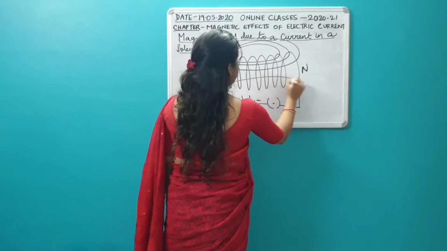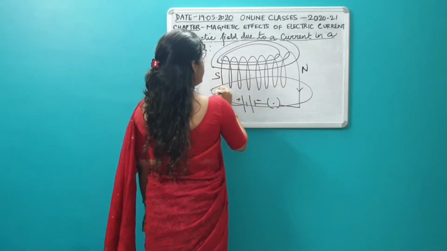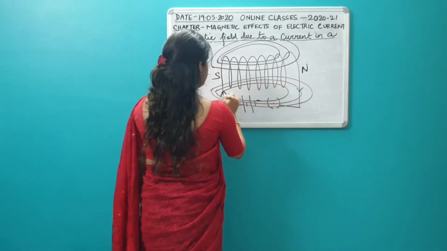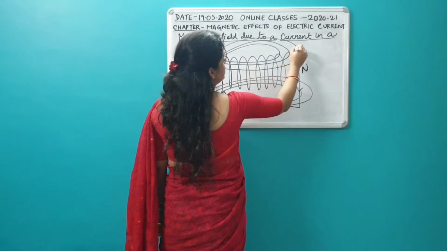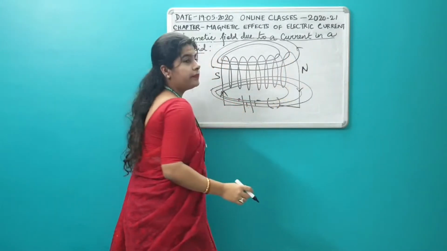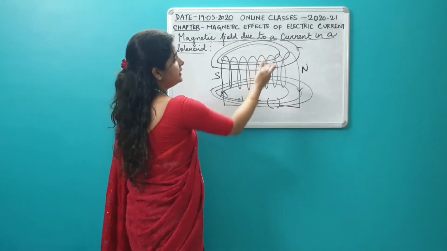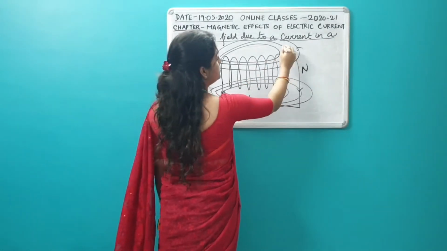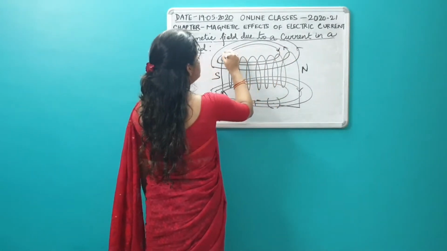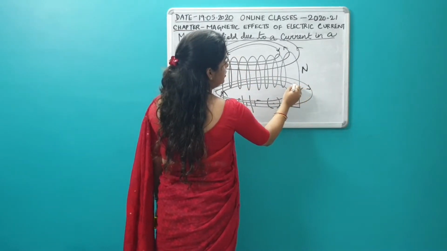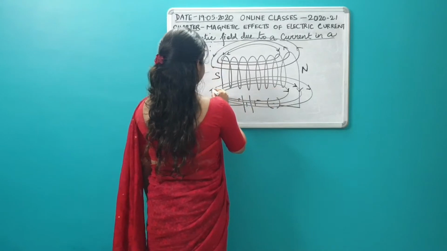I hope you all can see the structure. I'm just drawing it roughly. Just like in case of a bar magnet, we have seen that the magnetic field lines emerge from the north pole and merge into the south pole. Similar thing we are doing over here also.